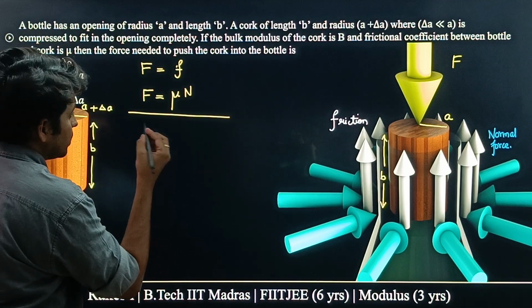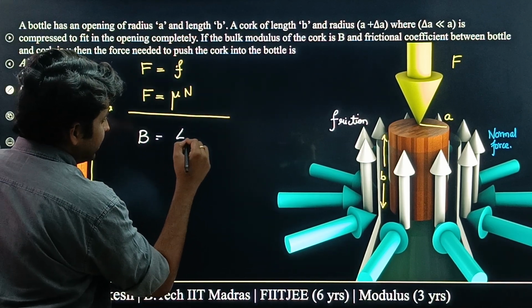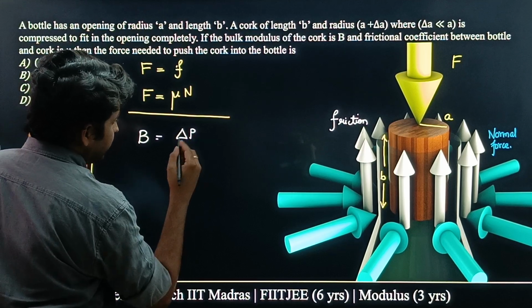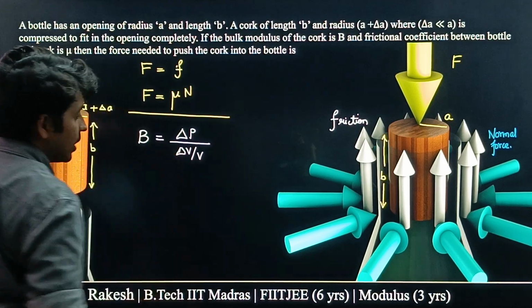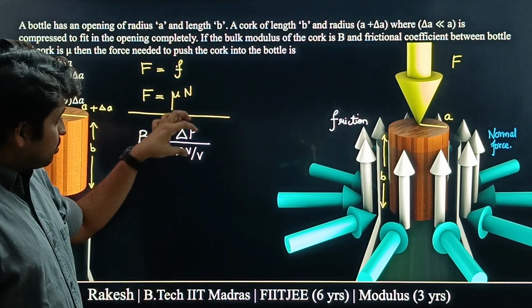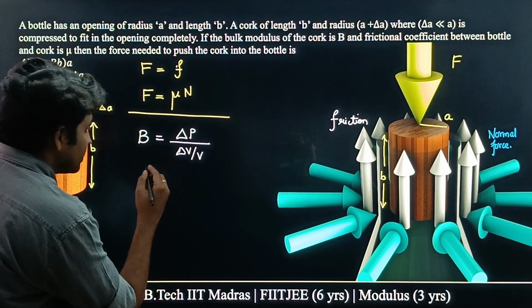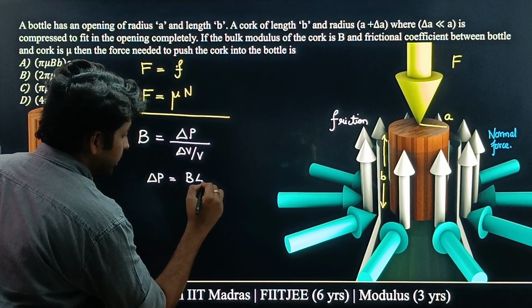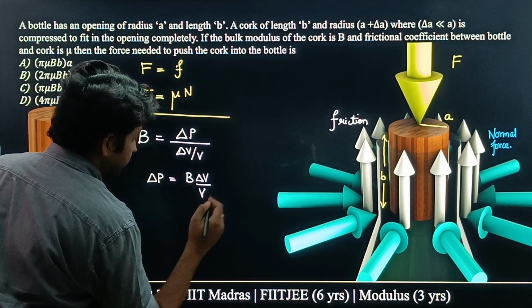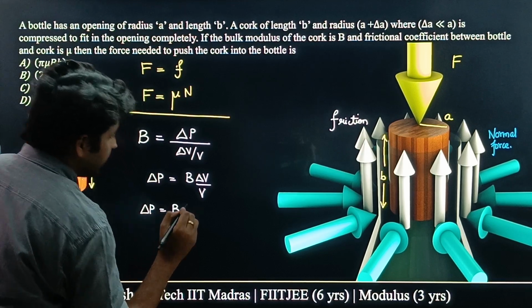We know that the bulk modulus is delta P divided by delta V by V. That means the pressure, if it is compressed by some volume, what is the pressure exerted? So this delta P equals B delta V divided by V. So what is this delta V?